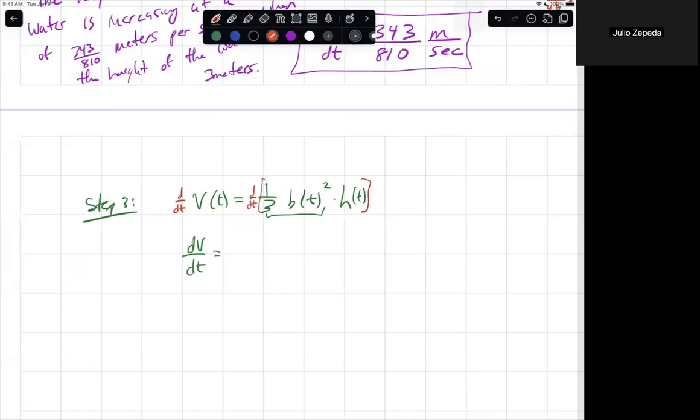So the product rule will be needed, and we would have to find the derivative d dt of 1/3 b of t squared times the second function, so f prime times g, plus g prime, the derivative of h of t, g prime times f.